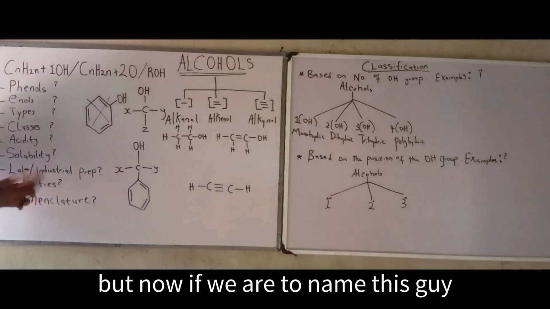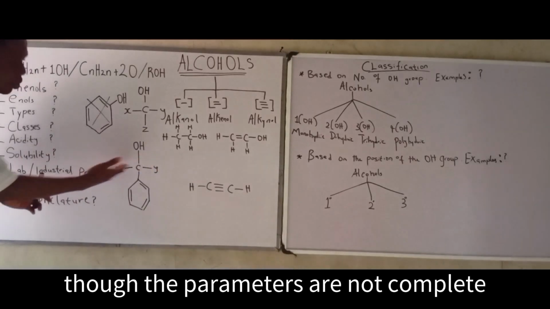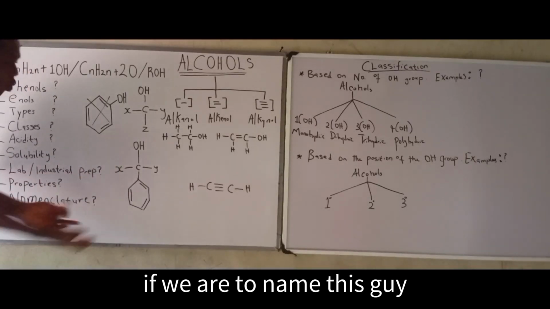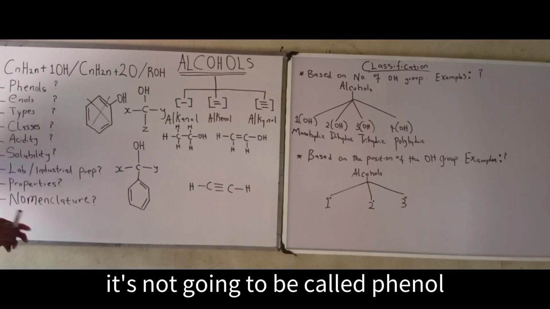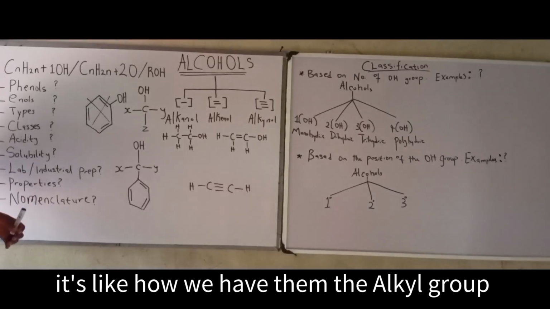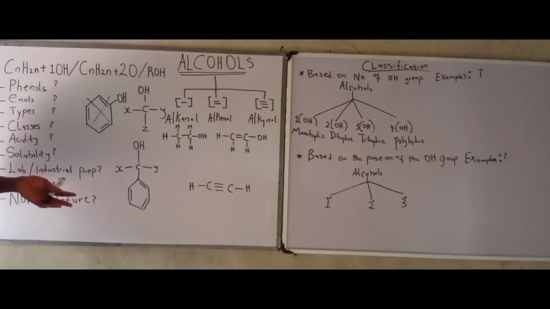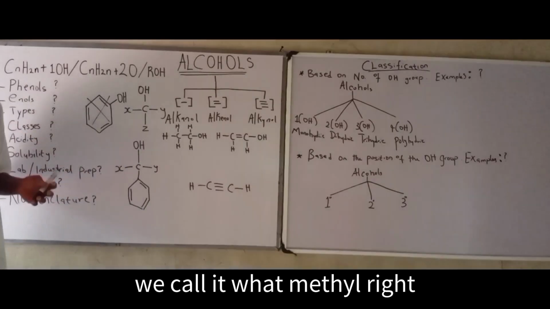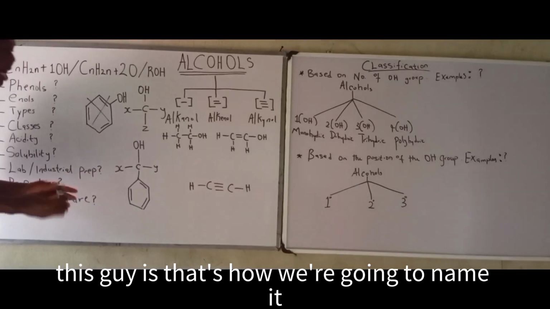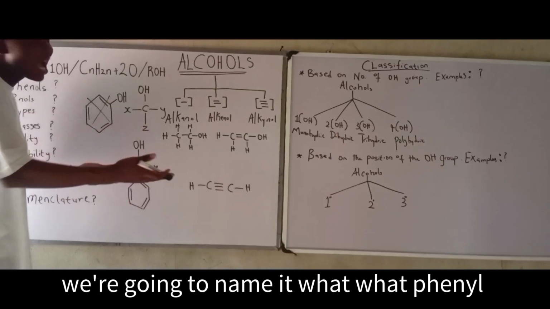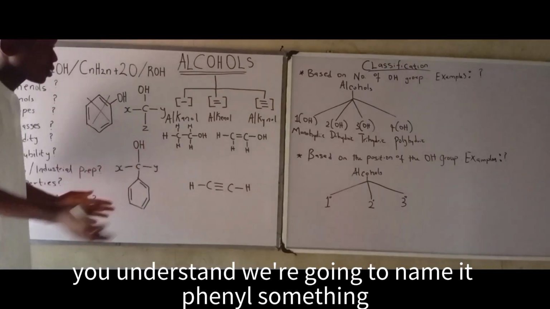Now, if we are to name this, though the parameters are not complete and this is just a structural representation, what are we going to call it? It's not going to be called phenol. It's like how we have the alkyl group CH3, which we call methyl. This is how we're going to name it: phenyl something, but it's not complete.